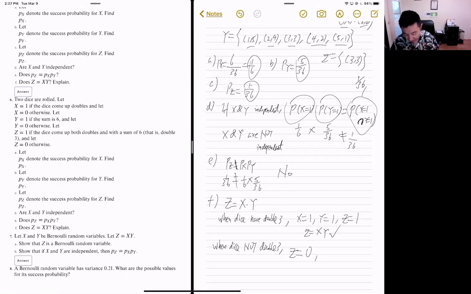For all the other possible outcomes, when it's not double 3, either x or y, or both x and y, equal 0.